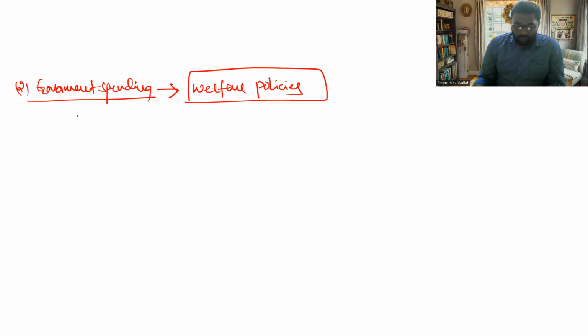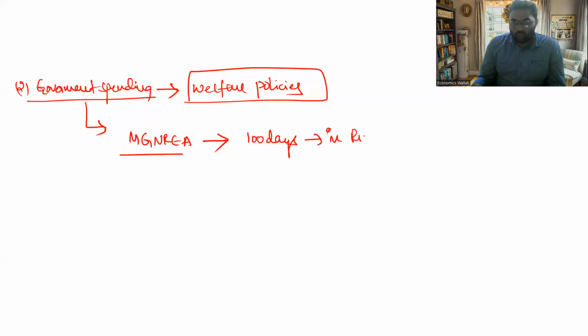When the government is spending on people, they are not directly giving pocket money to people, but they will provide work, just like MNREGA work. We have the Mahatma Gandhi National Rural Employment Guarantee Act. It is demand-driven work for 100 days in rural areas.